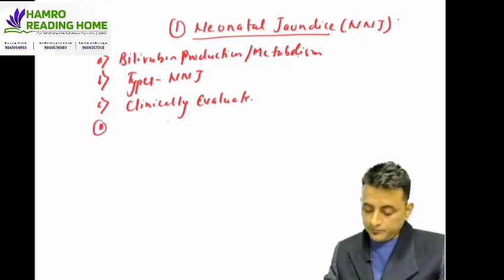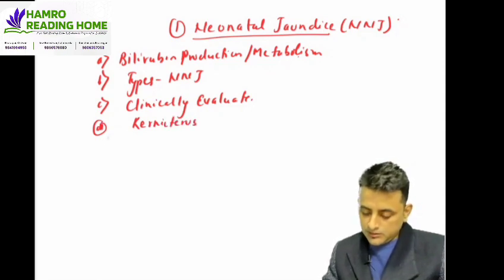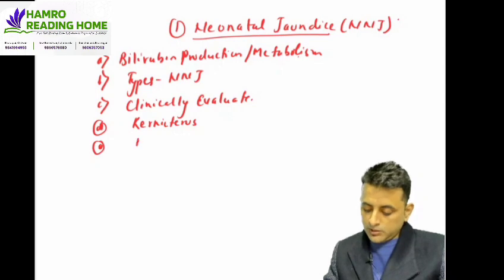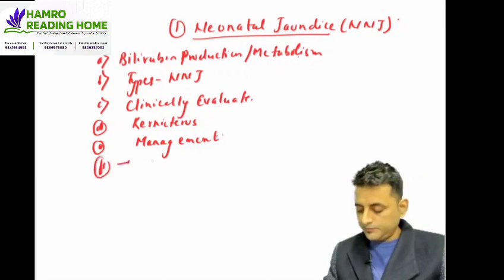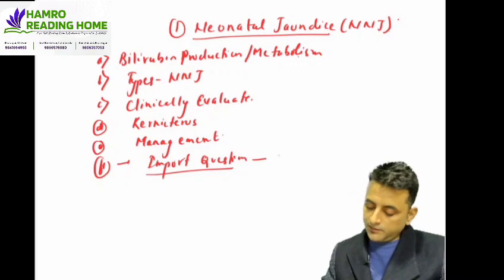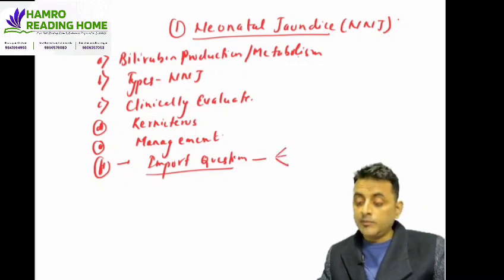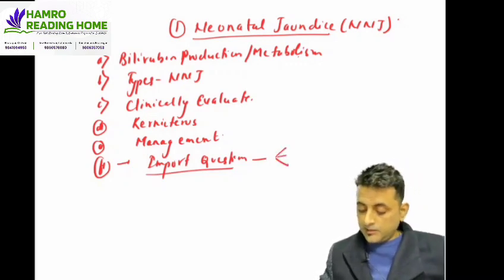Then we'll be talking about kernicterus, then the management, and yes, we'll be talking about important questions that can be asked, the probable questions that can be asked during our exam.